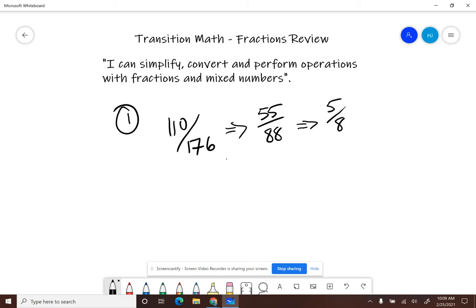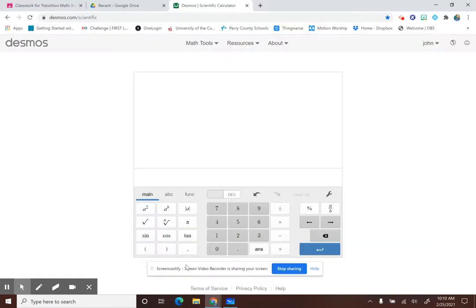Now, I have put a link to a great tool that you could use to help you with some of these problems, okay? And that is the Desmos Scientific Calculator. It's a calculator that you can get online anywhere. Actually, you can get an app on your phone for this as well. So it's a pretty cool little app. And in this case here, you notice that there's a fraction symbol right here.